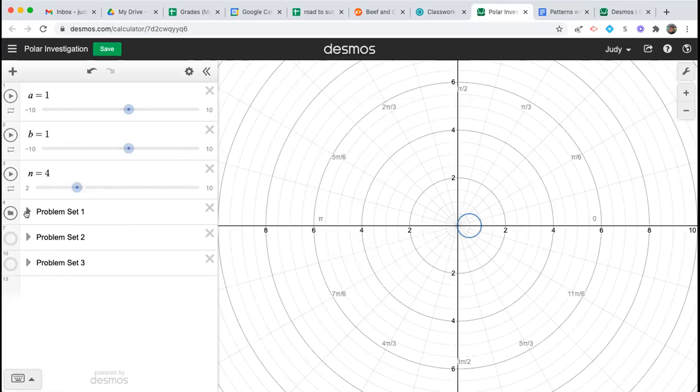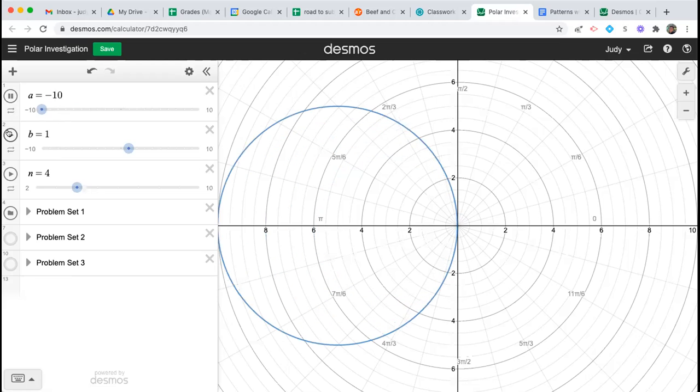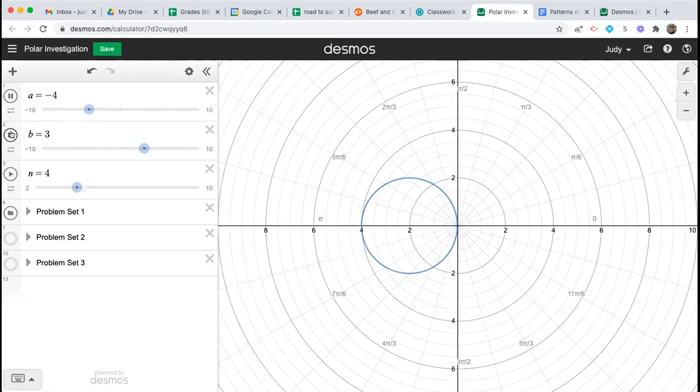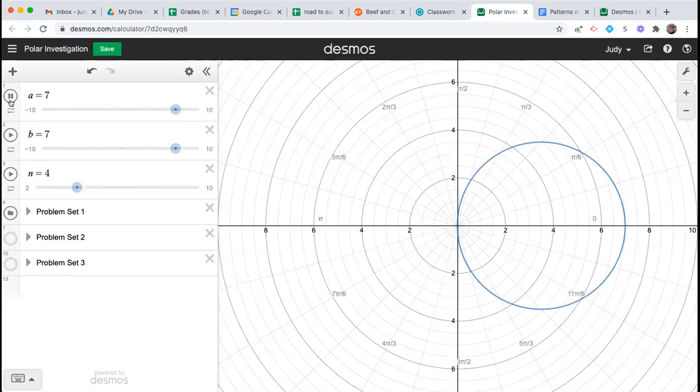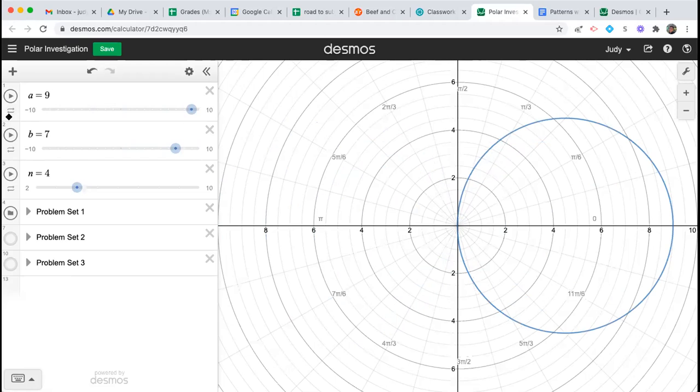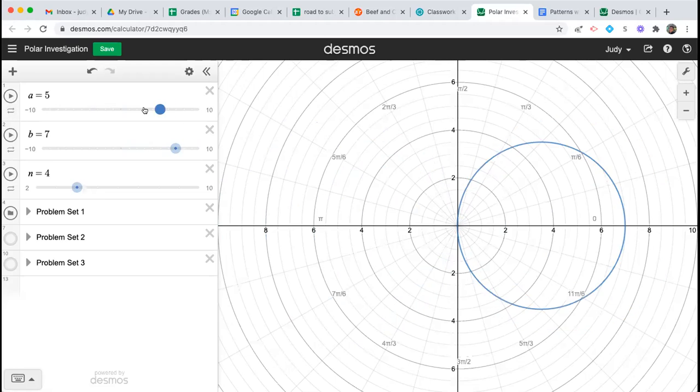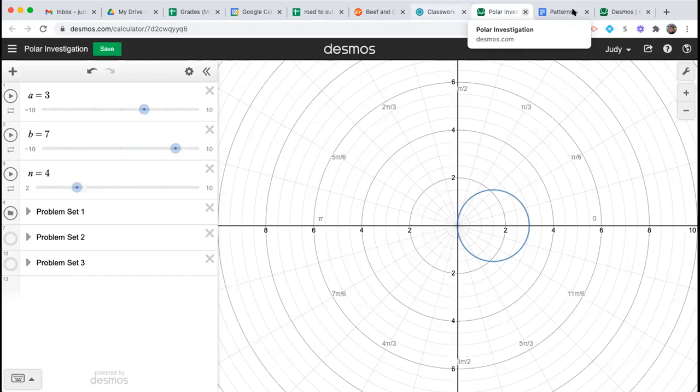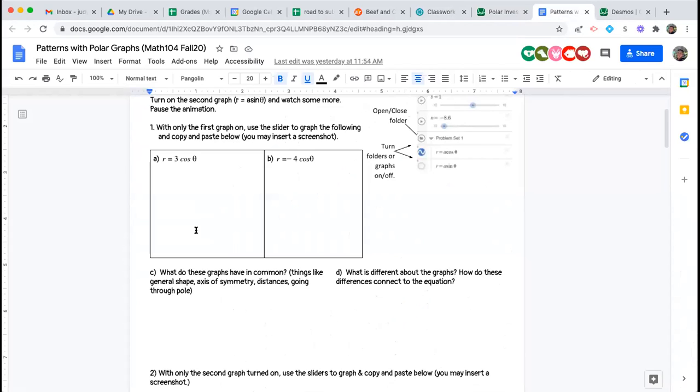And they're going to ask you a series of questions, like you're going to play some of the animations here, see what happens as different numbers change, okay? So you can stop it whenever you want, or you can move the slider to be whatever equation you're trying to match it for. And once you've got your picture, you can screenshot that and put that picture right into the handout for the patterns with polar graphs.